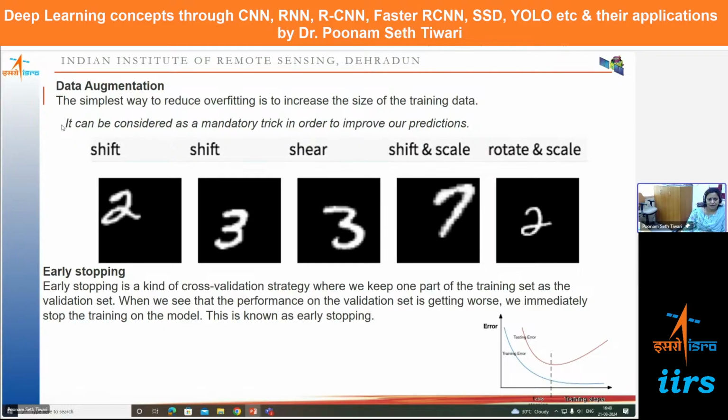So you can see shifting the image, shifting the feature, then shearing, rotating and changing the scale. Like this, you can go on creating more training data.